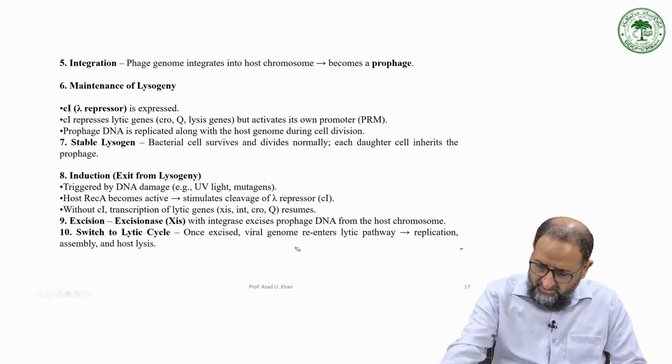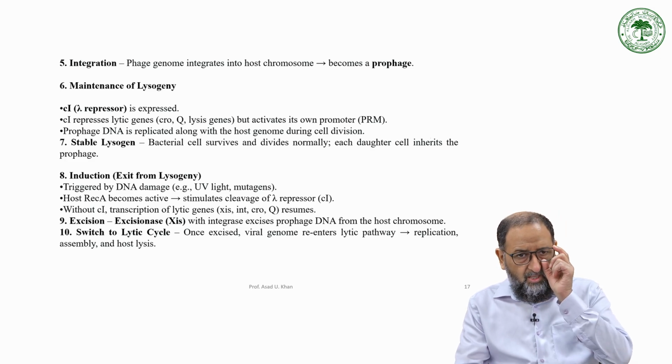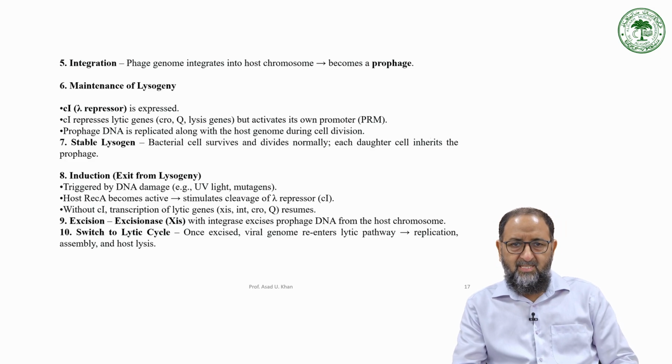Now lysogeny to lytic induction is basically taking place under stress conditions or with the RecA protein, as I have told you. Without cI, transcription of lytic genes like xis, int, cro, and Q resumes.